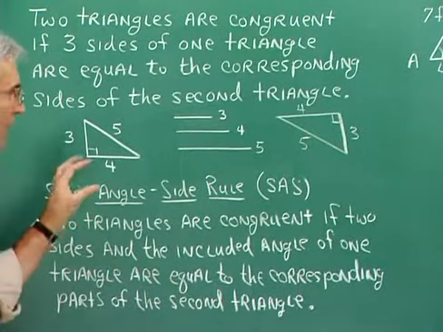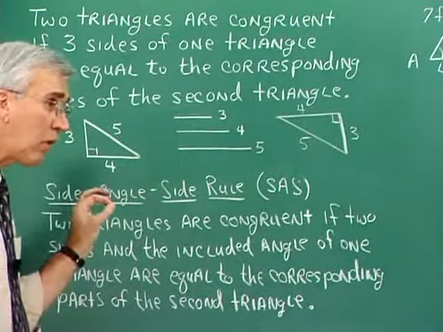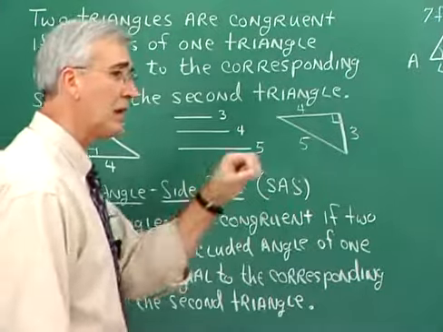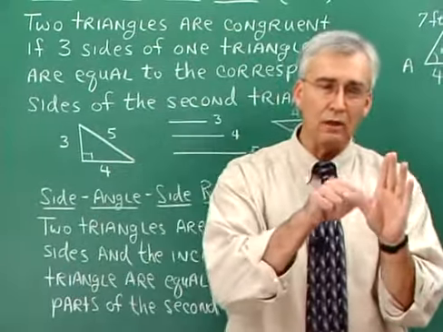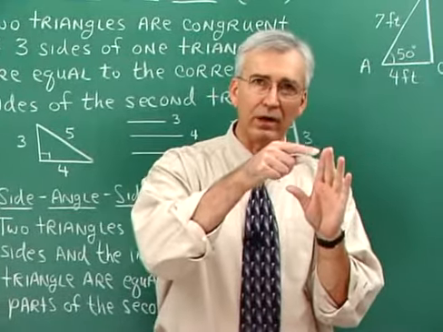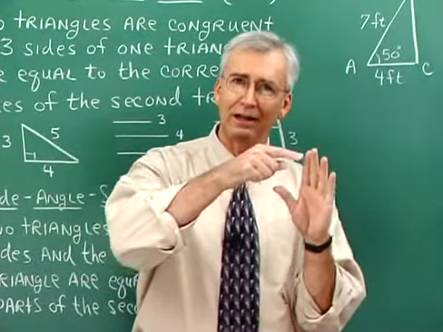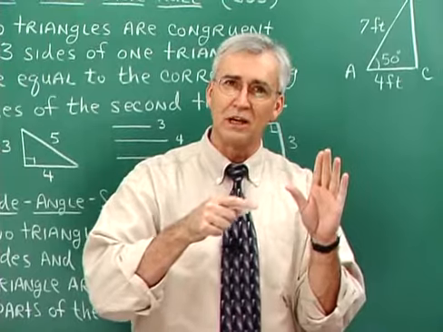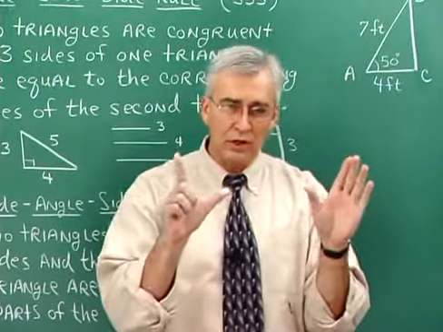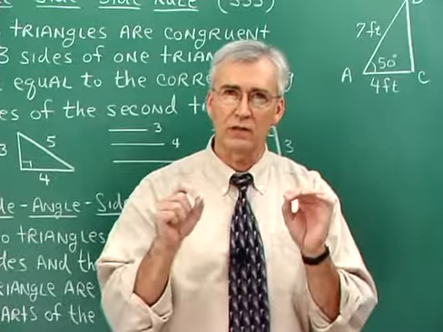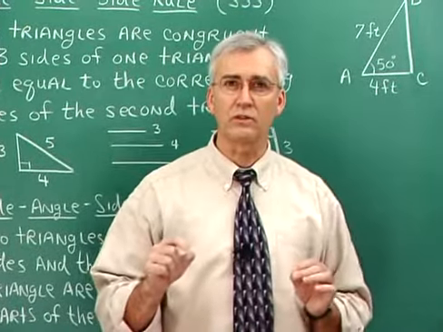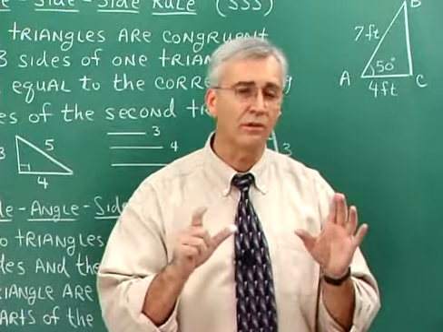So we don't have to have all three sides equal if we have two sides and the included angle. It turns out that if we have two sides and the included angle, then it kind of predetermines that third side, the length of that third side, doesn't it? So if we have that kind of correspondence and equality of corresponding sides and angles, then we have congruence.